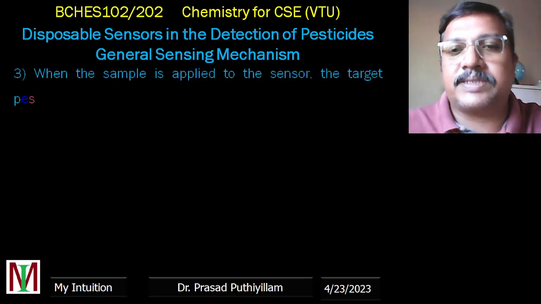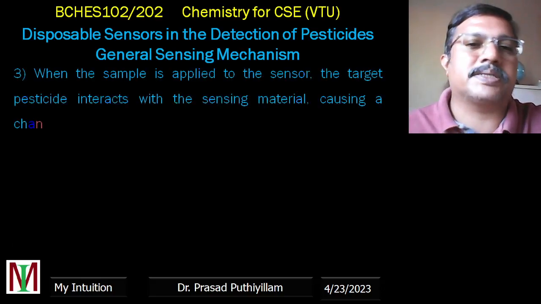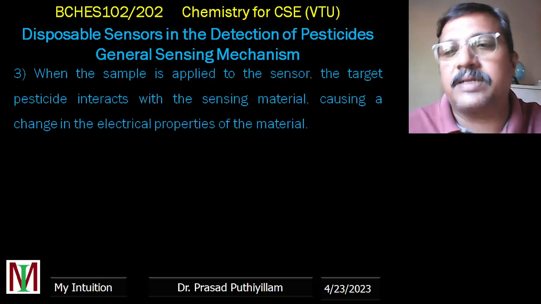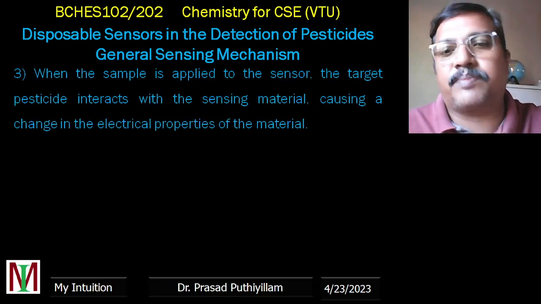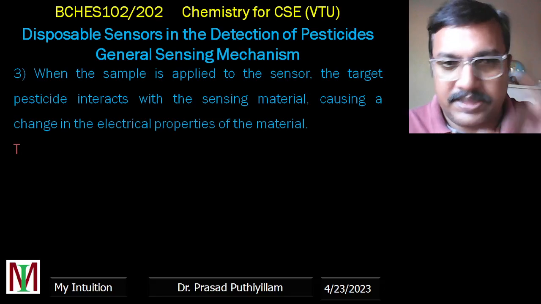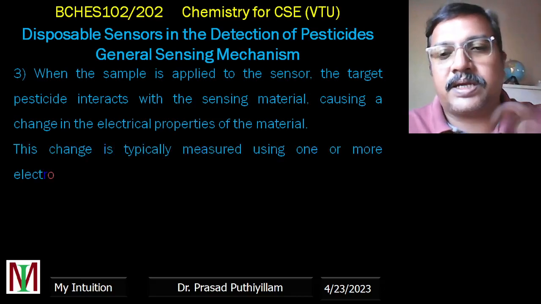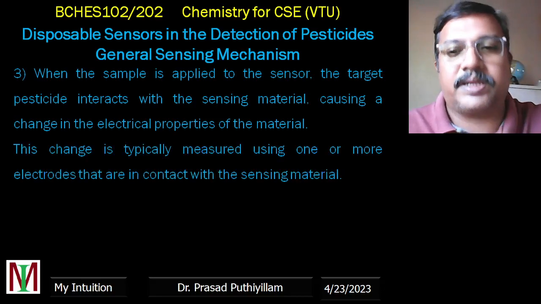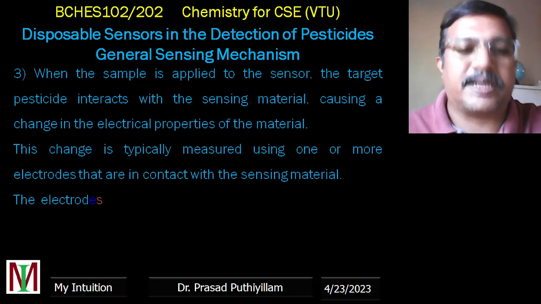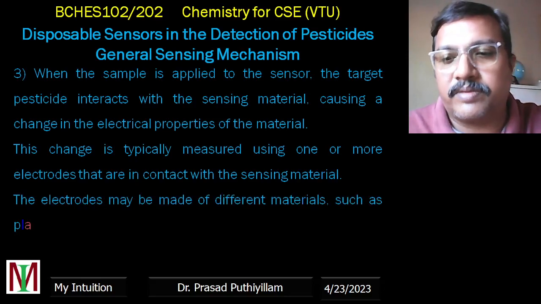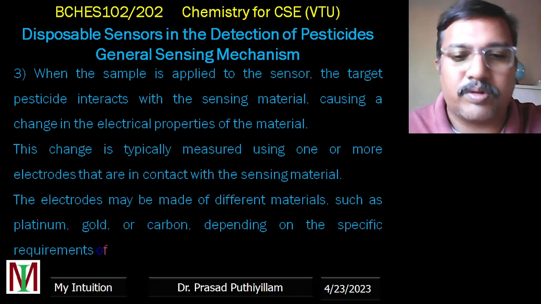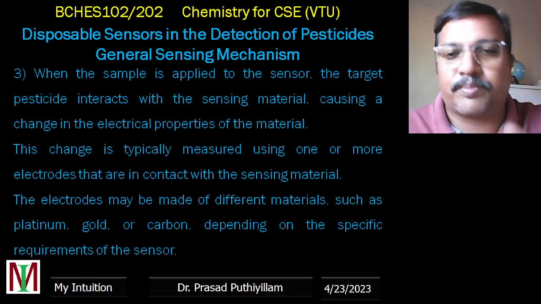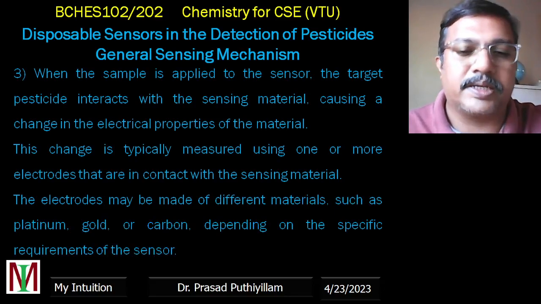When the sample is applied to the sensor, the target pesticide interacts with the sensing material, which causes a change in the electrical property of the sensing material. This change in the electrical property will be transduced. Different materials such as platinum, gold, or carbon are used as a support to the sensing material.